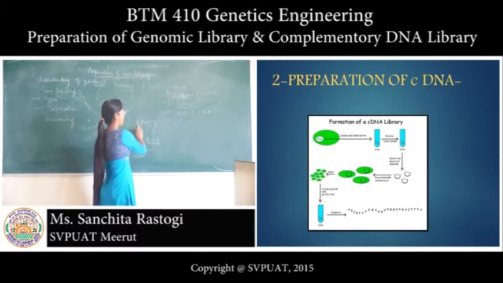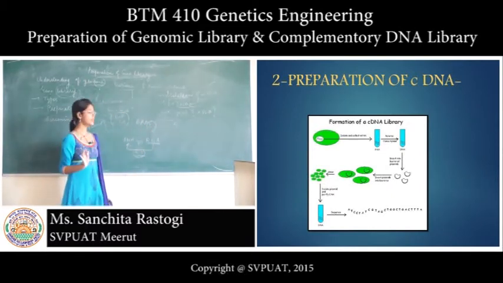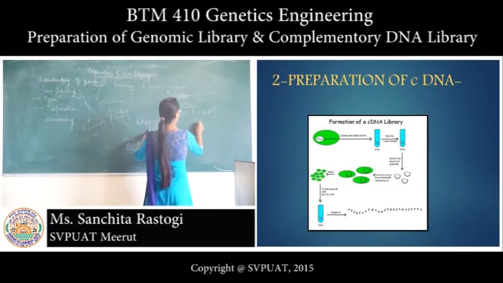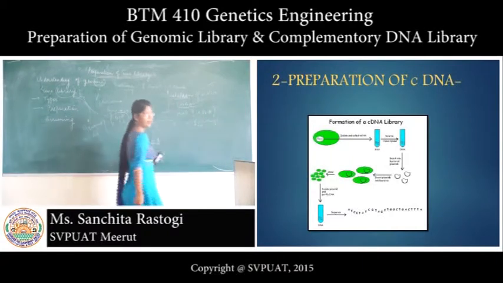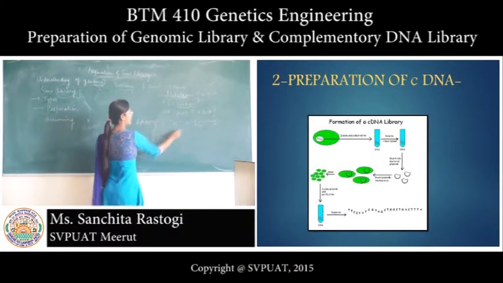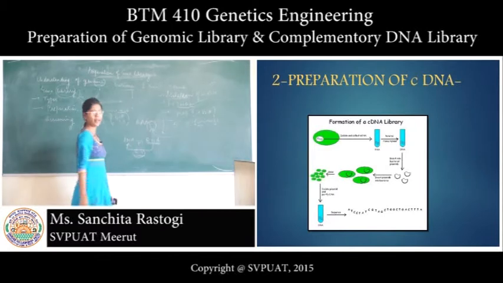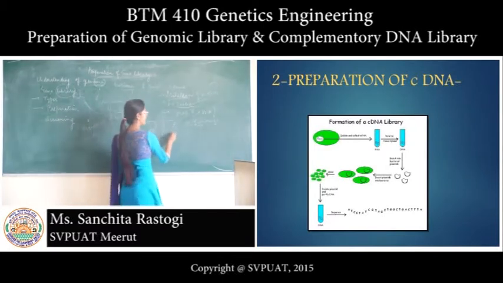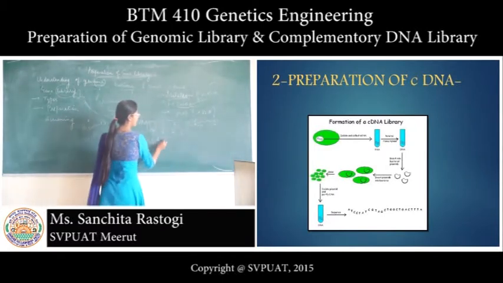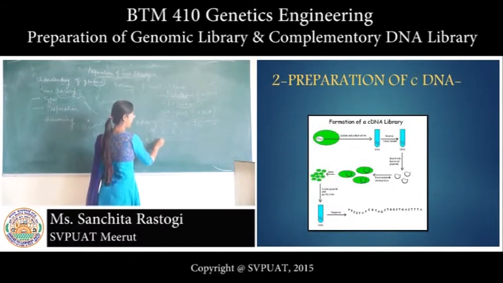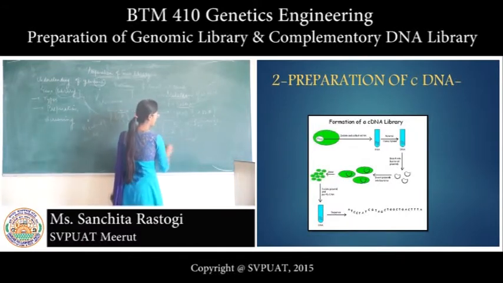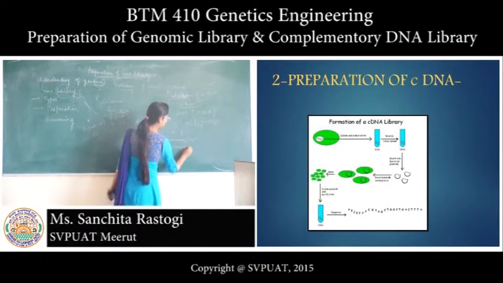So mRNA has a poly A tail at the 3' end, so we can use a primer having a poly T end. When this primer anneals to the 3' end, in the presence of reverse transcriptase enzyme, we have one strand of mRNA and another strand of cDNA.